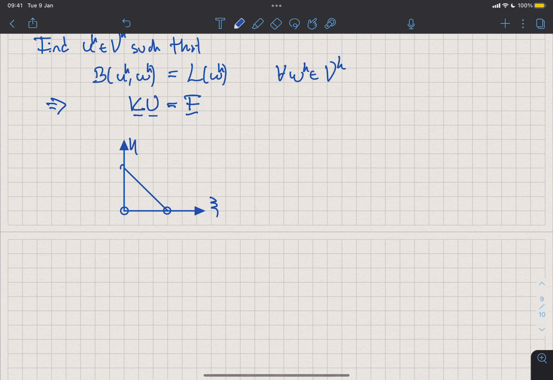That is one node. And that is the last node. And so your shape functions for this particular case are going to be 1 minus psi minus eta, psi and eta. These are your shape functions defined in parametric space for the triangle.